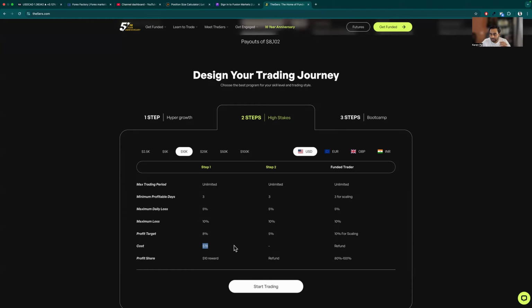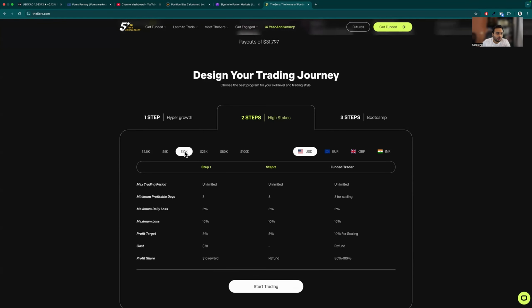I'll say that if you have a $1,000 or a $500 account, you can easily scale up. Once you do this on 10K, there is 10% for scaling. Every time you take payouts, making 10% profit, your account scales.